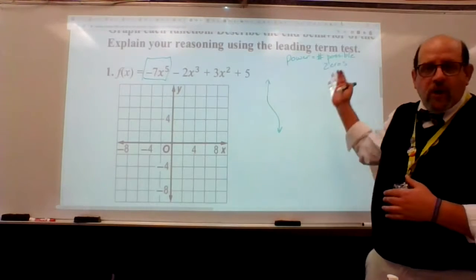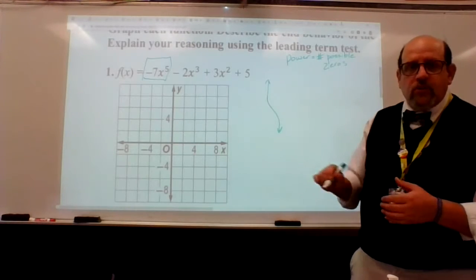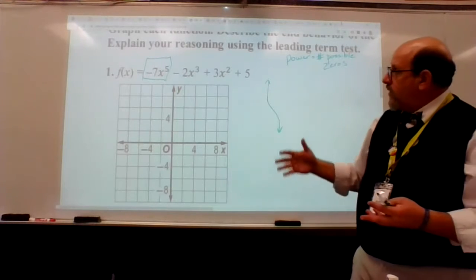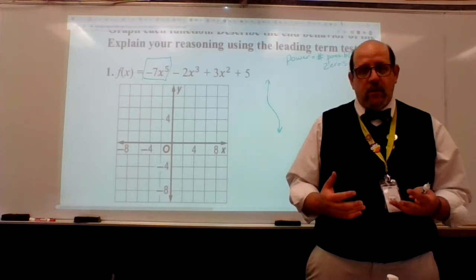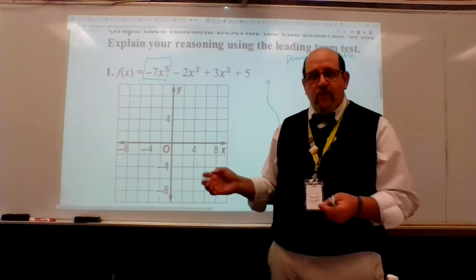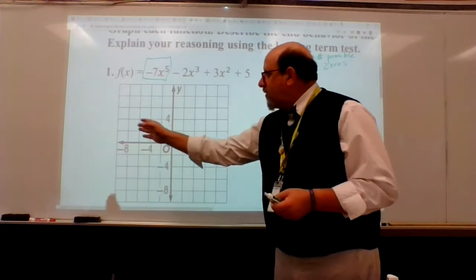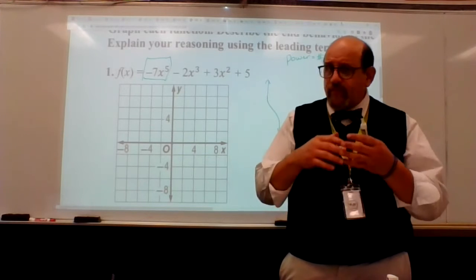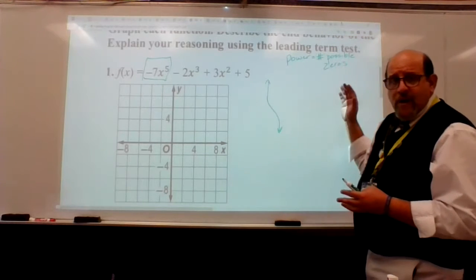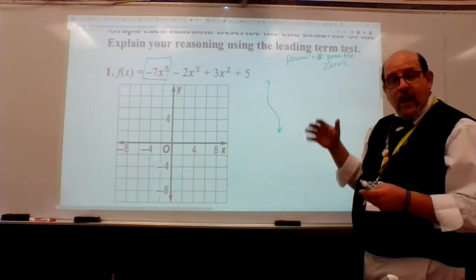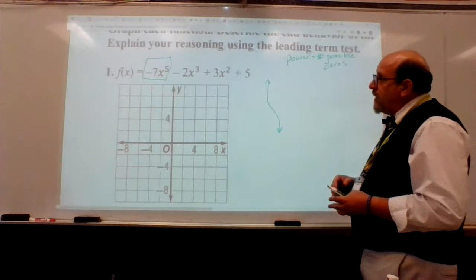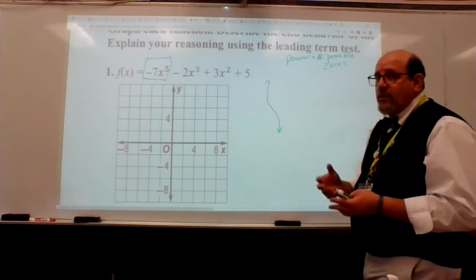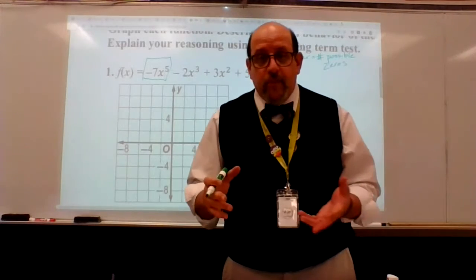So zeros, possible zeros or possible roots, are those moments where this graph crosses the x-axis, all right? It helps us to graph if we know where it crosses the x-axis. So that power in the lead term tells us how many possible times this is going to cross the x-axis, how many real zeros there could possibly be.